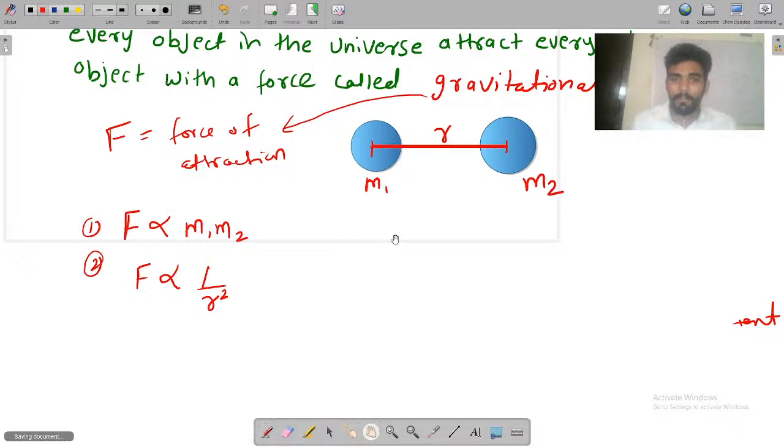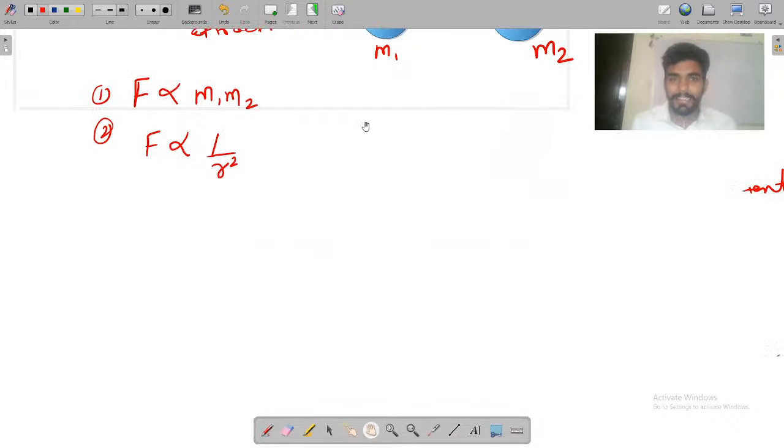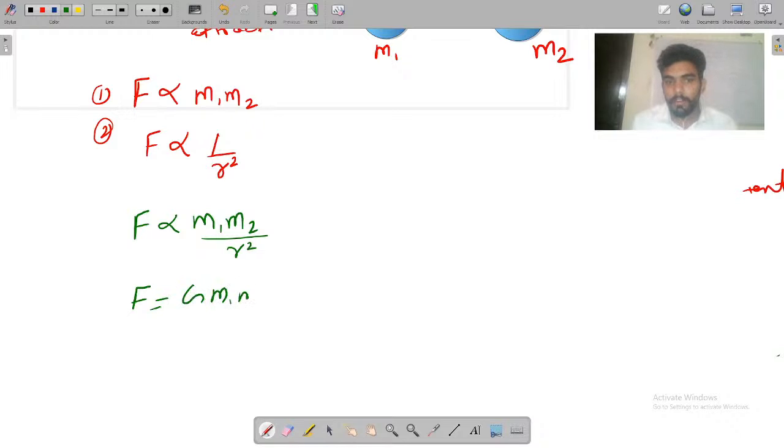By combining both, I will get the expression F is directly proportional to m1 m2 upon r square. This is the proportional constant. If I introduce this proportional constant, then I get a constant known as the gravitational constant: F equals G m1 m2 upon r square.